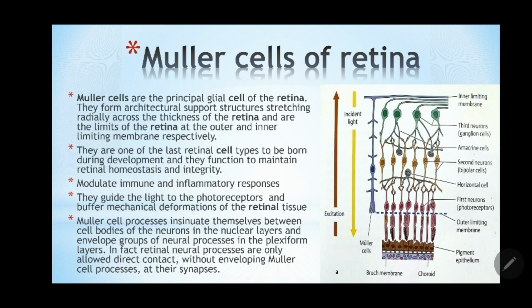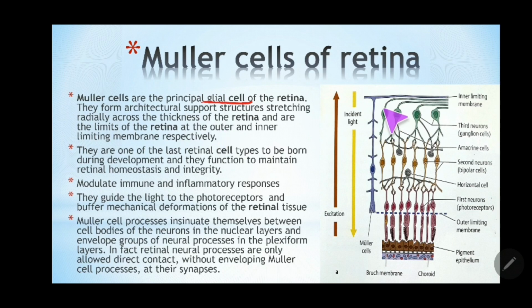Okay, so let's give it a fast reading. Muller cells of the retina. Muller cells are the principal glial cells, the glial cells of the retina. They form architectural support structures, strengthening, and they are stretching radially, because the eyeball is a globe.